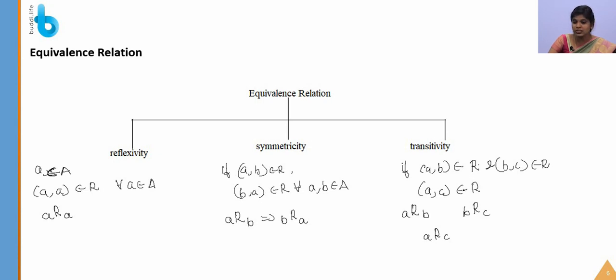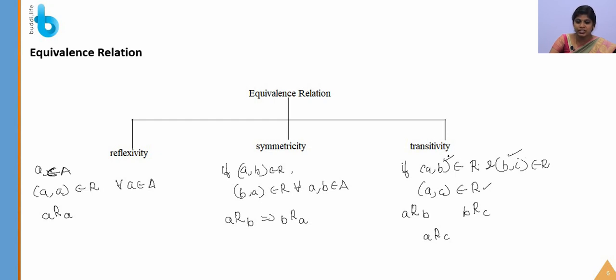Here one important thing you should see: only if these two conditions exist, you should check for this condition. Suppose in a relation these two conditions themselves are not satisfied, you need not check for this. You can write directly the relation is transitive.